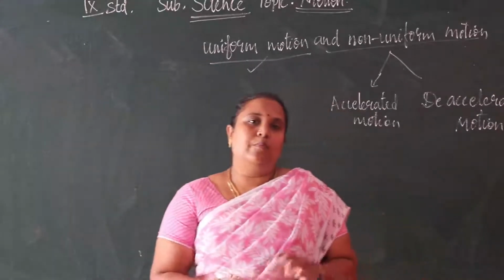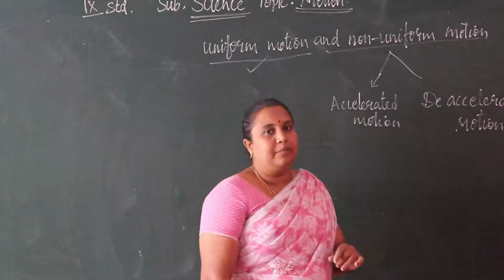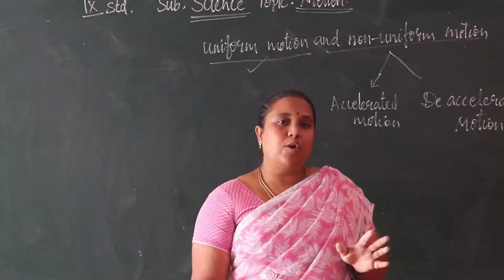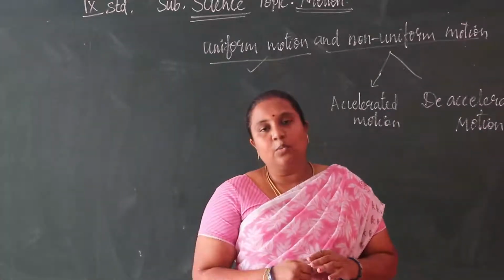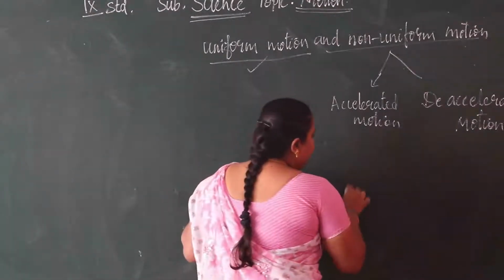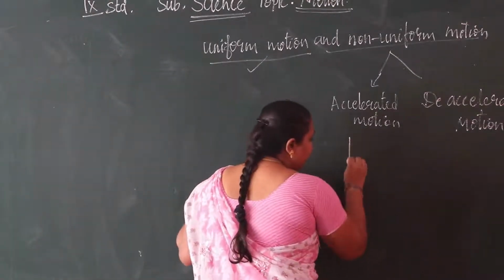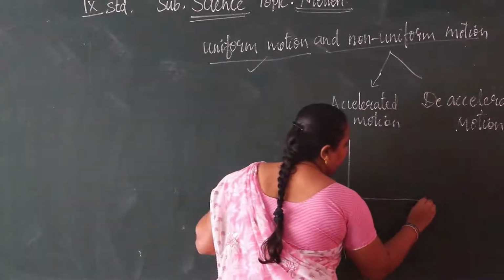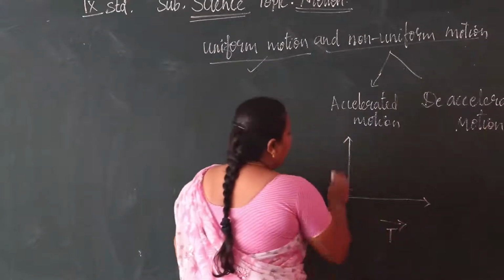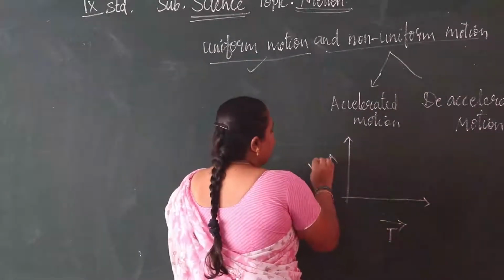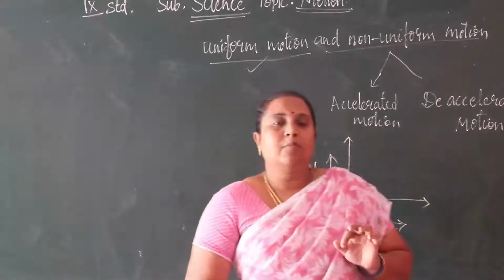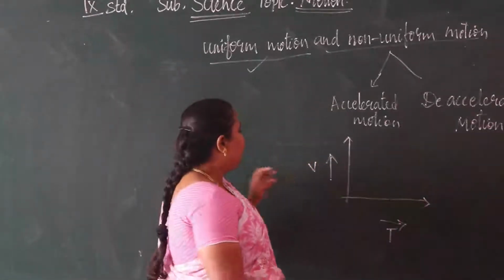See here, accelerated motion: when the velocity of your body increases with time. We can take a graph like this. On this side we take time taken, and on this side velocity.